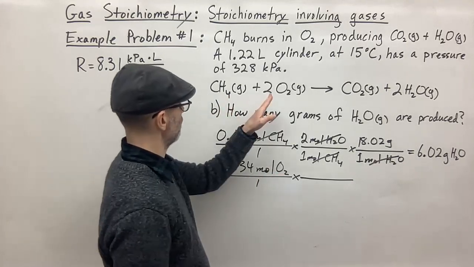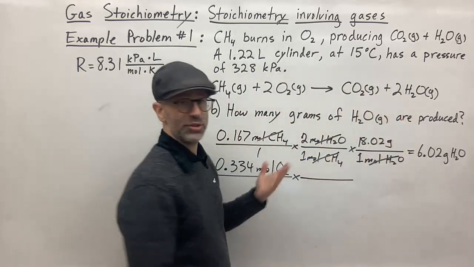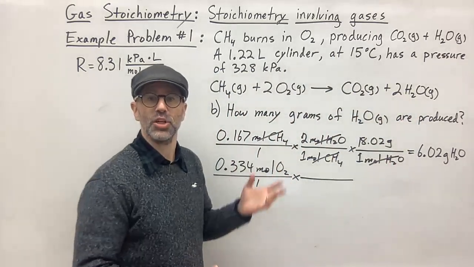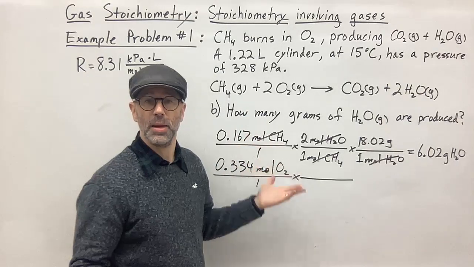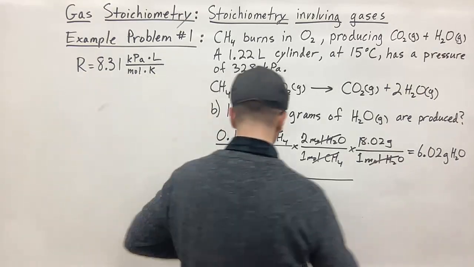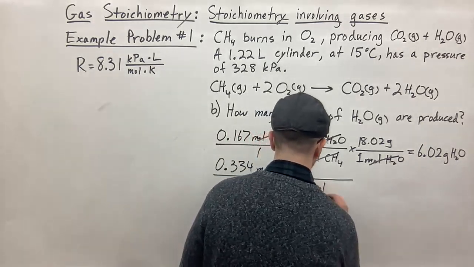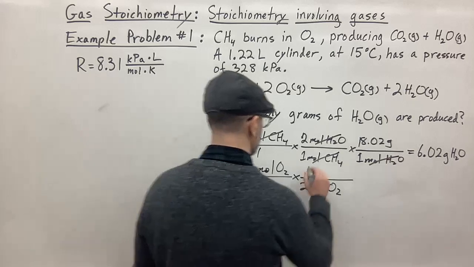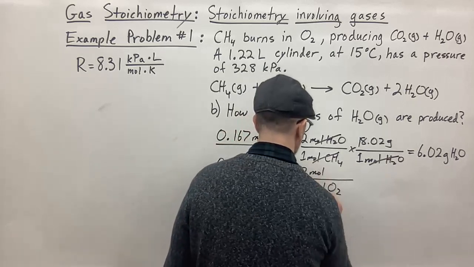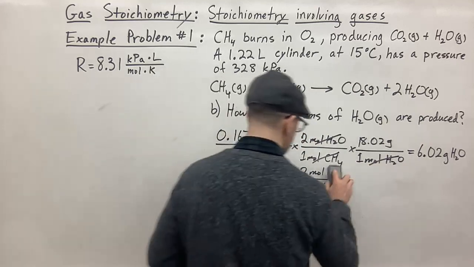And so here I have 2 moles of oxygen and 2 moles of water. So it's a 1-to-1, but I'm just going to use the coefficients because I'll let the math simplify itself. So here I have 2 moles of O2 on the bottom and 2 moles of, that should be H2O.